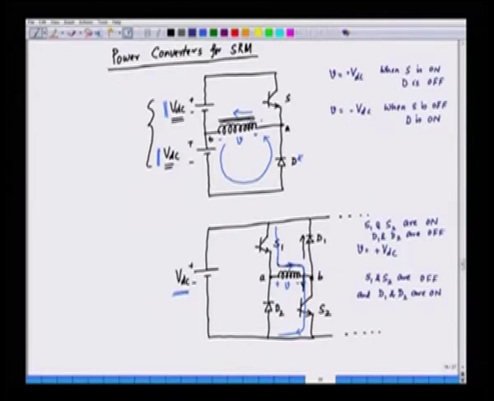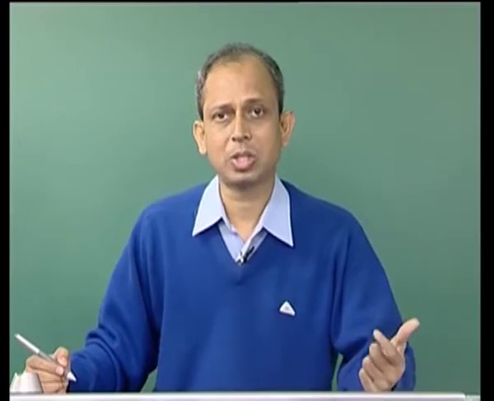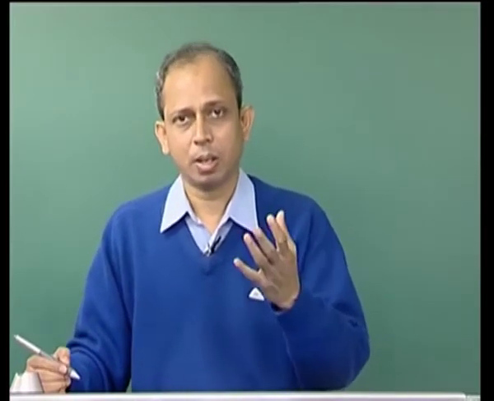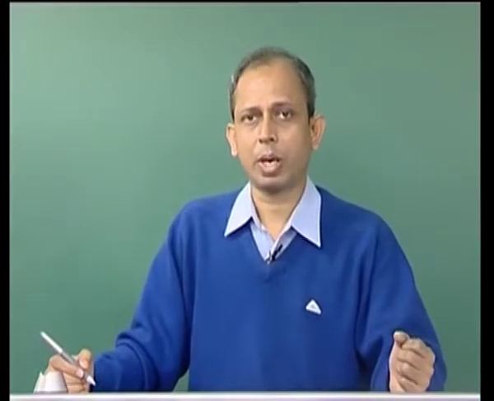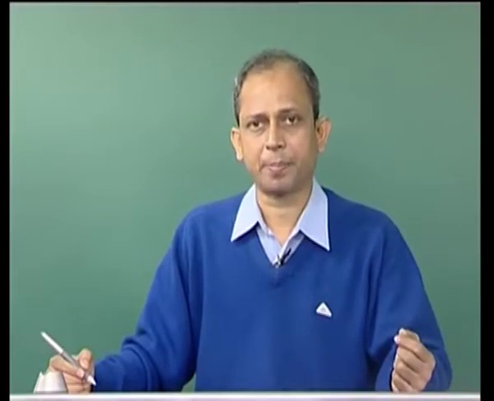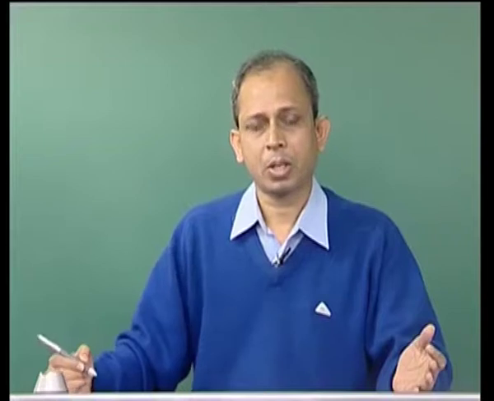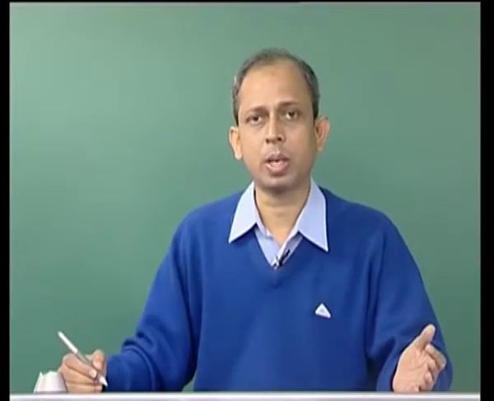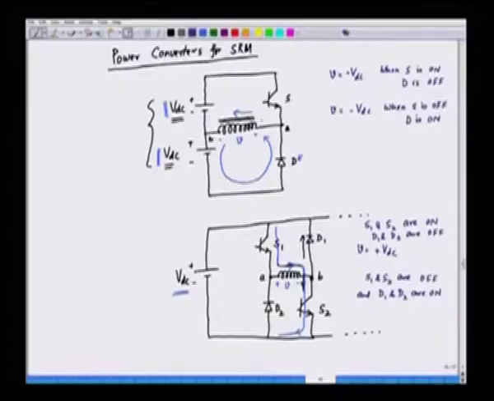In the second situation, when S1 and S2 are off, we are turning off the transistor switches by removing the base drive or the gate drive. What happens? The winding was earlier carrying some current, and this current has to be maintained, and the former path is broken. The current will try to find an alternative path, and the alternative path is provided not through the switch, but through the diodes.